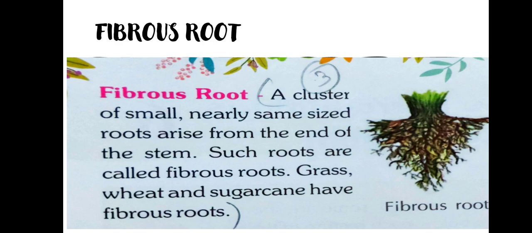But in the taproot, a long main root is coming and some side roots are arising from that. When all same-sized roots arise from the end of the stem, that is fibrous roots. So examples of taproots are trees and shrubs, and examples of fibrous roots are grass, wheat and sugarcane.